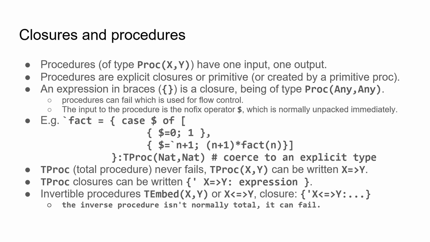but we immediately coerce it to be a total procedure from nat to nat, and in fact it's actually an embedding as well, which is another story that we'll come to. Right, so tproc, total procedures, these never fail, and these are very important as types for many applications.